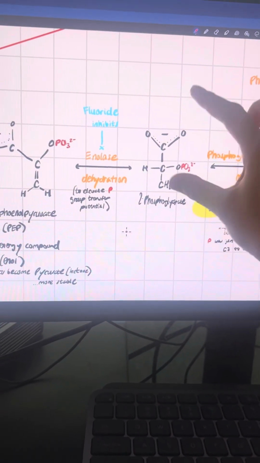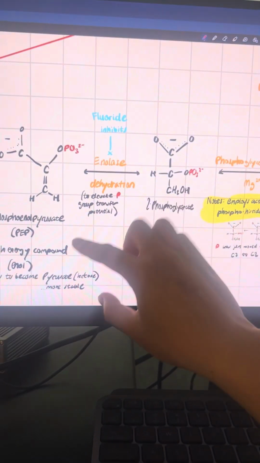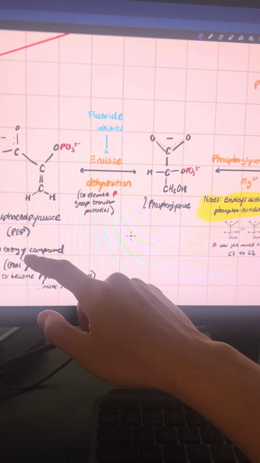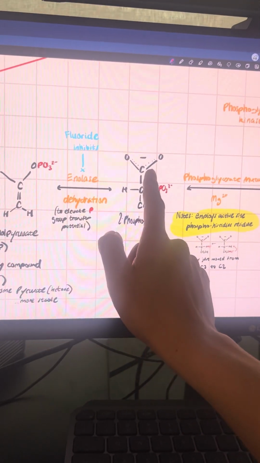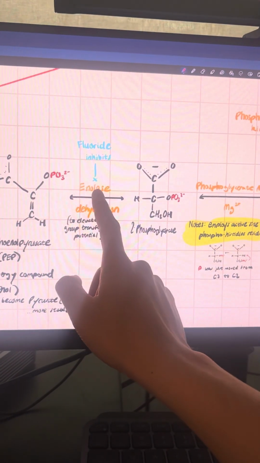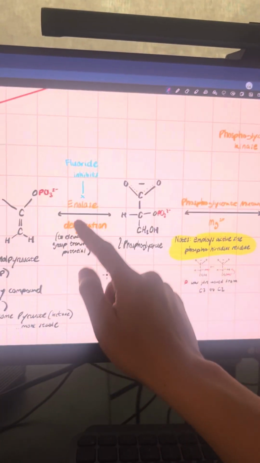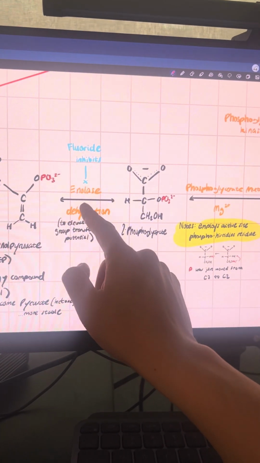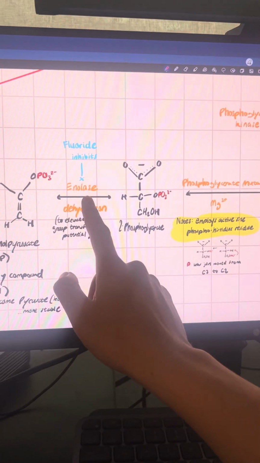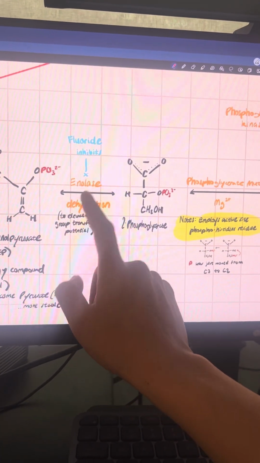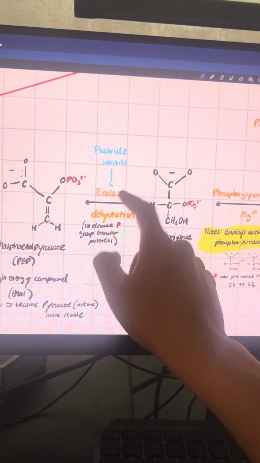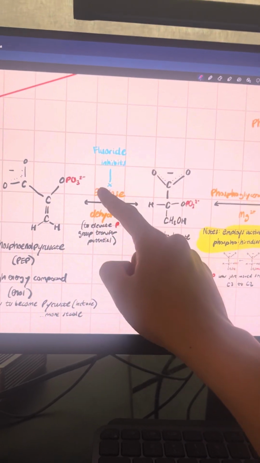You're gonna go from 2-phosphoglycerate to phosphoenolpyruvate, PEP. The enzyme that catalyzes this reaction is enolase. This is a dehydration reaction, the only dehydration reaction in the process. So if you were asked what enzyme performs dehydration, it's enolase. You should also know that fluoride inhibits enolase.